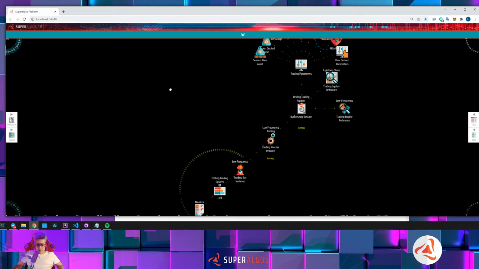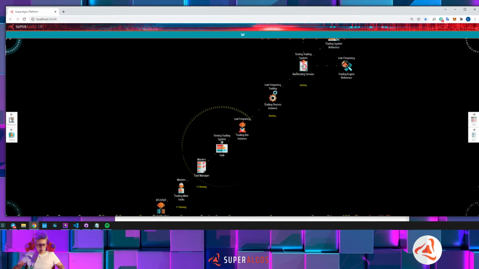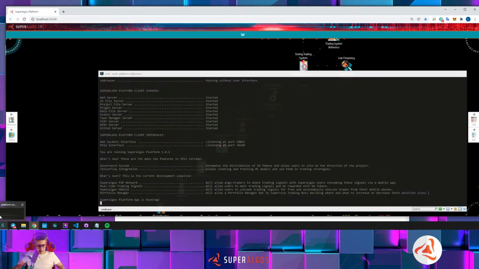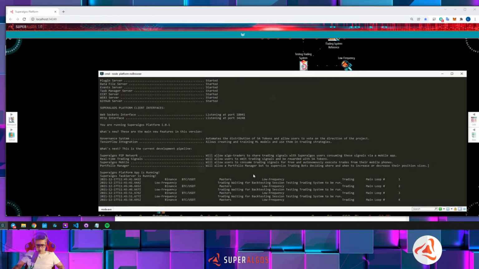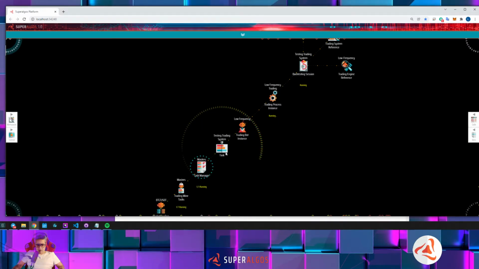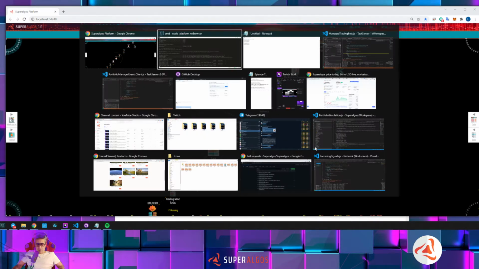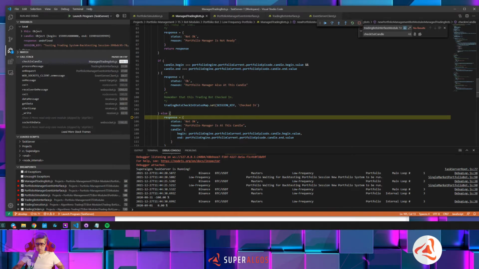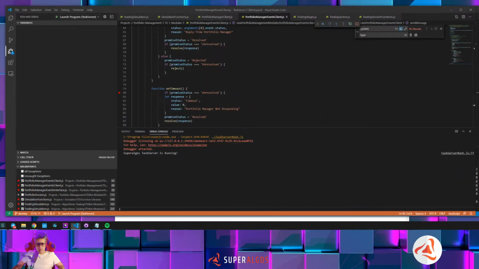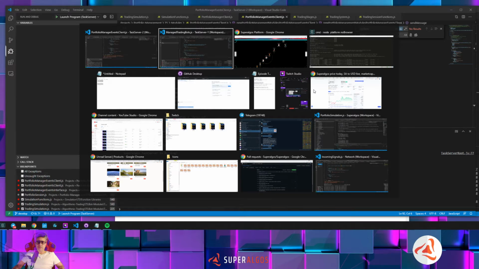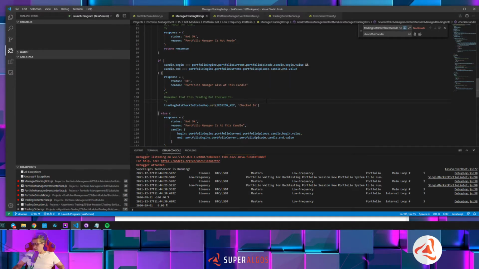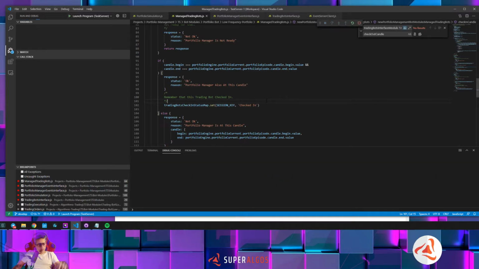Let's try it out. Okay, something is running here which is not really good. So let's run this again. And this again. Task server 1. Run.